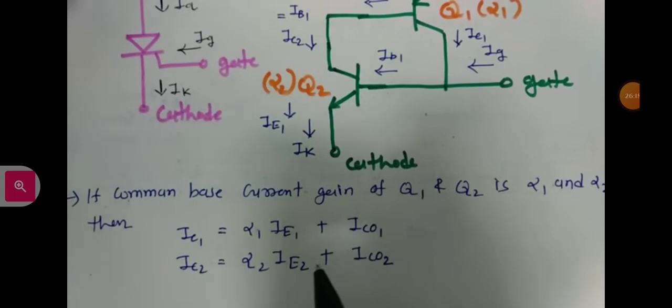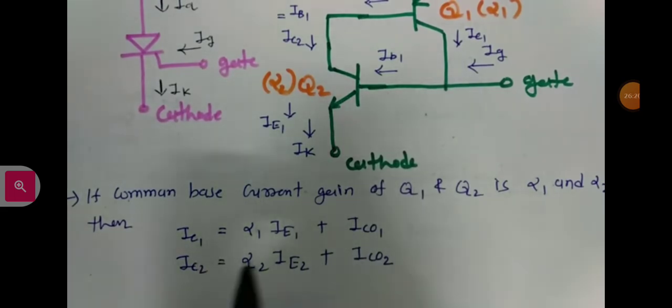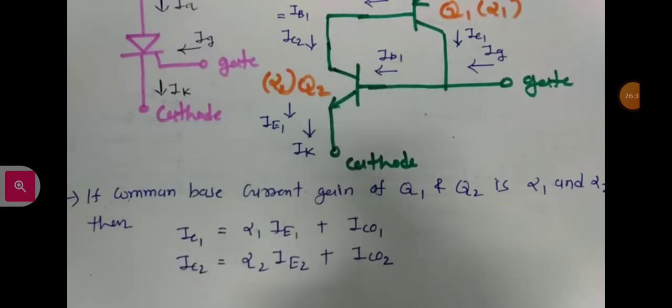So IC1 and IC2 can be calculated based on the common base current gains alpha 1 and alpha 2, in terms of IE1 and IE2.